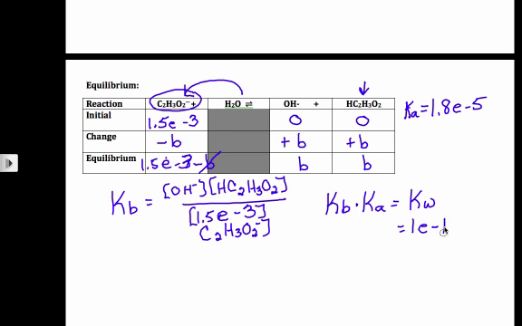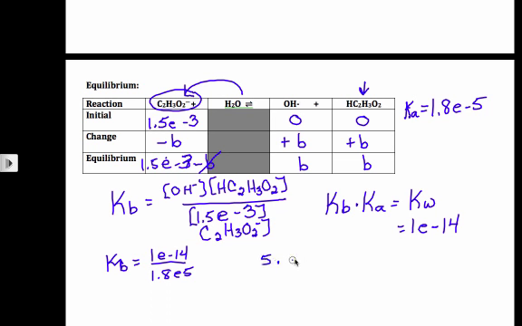At 25 degrees Celsius, it's 1 times 10 to the minus 14th. So my Kb is equal to 1 times 10 to the minus 14th over 1.8 times 10 to the minus 5th. So now I can substitute in.